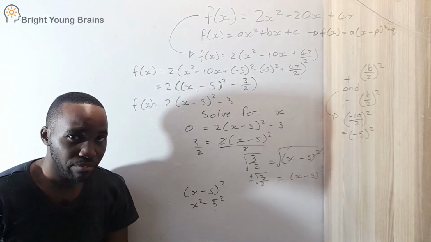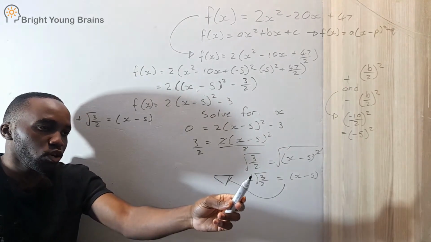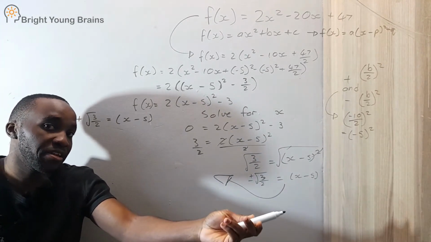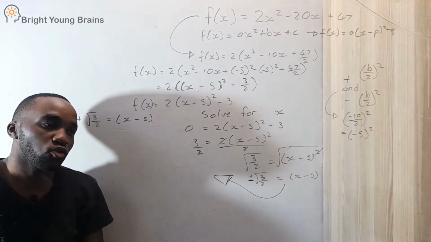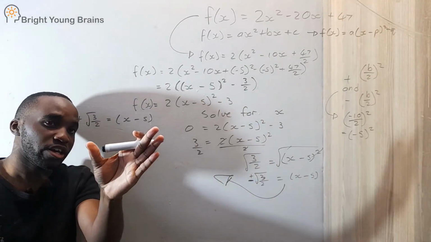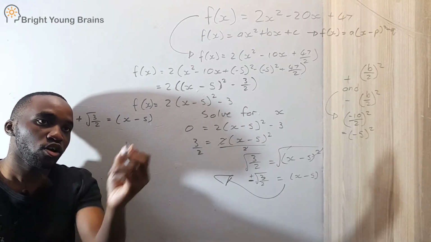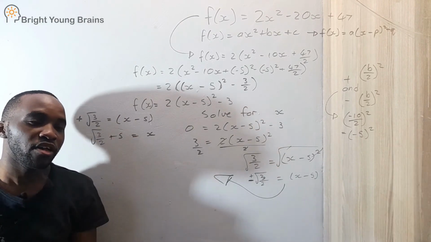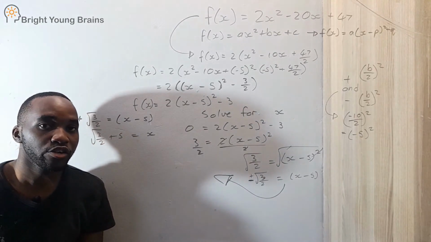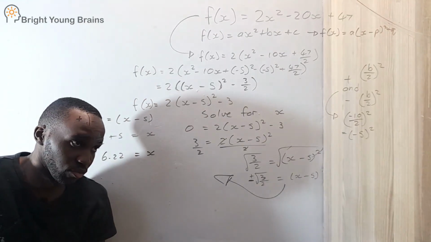Now our next step, we are going to firstly need to work with the positive version of this and then get an answer, and then eventually work with the negative version of this and also get an answer. So this side, we're going to get our first solution using this as a positive. So carrying on, we know that the 5 can just go over, and then our value for x in our calculator would just be 6.22 if you round it up to 2 decimal places.